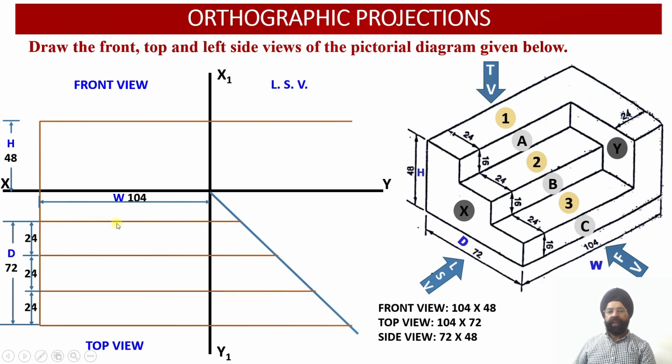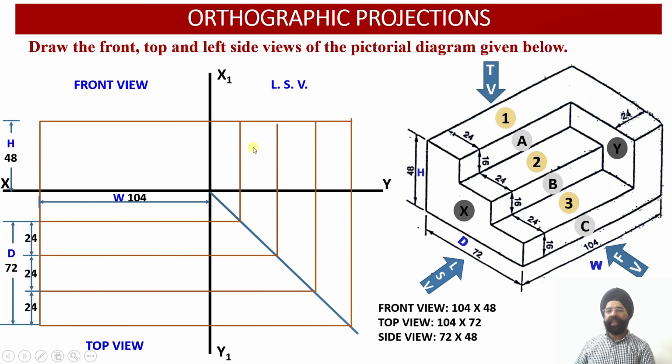So please check, for the top view my outer block construction will have the dimensions 104 millimeter as the width and 72 millimeter as the depth of the solid. Then corresponding to the side view also, please check, this is going to be my depth of the solid. This depth of the solid has been transferred from the top view.